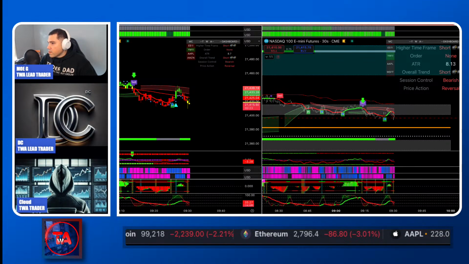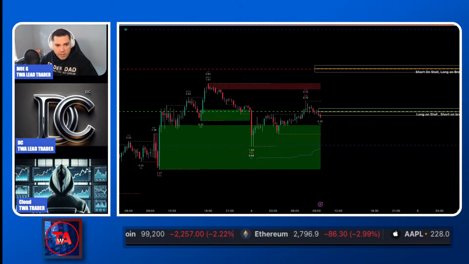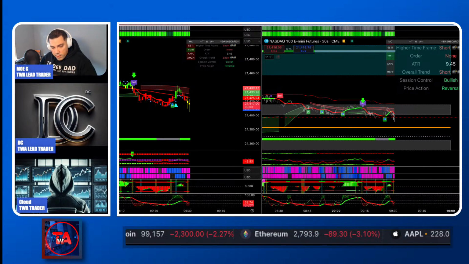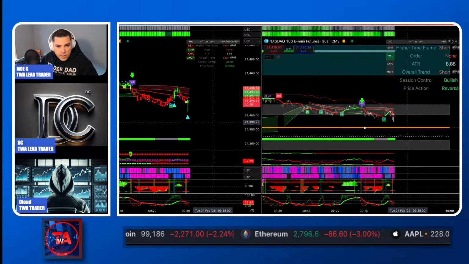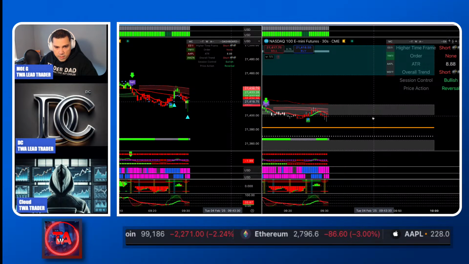Let's see where this is according to my game plan. Okay, weird. All right, so this has to show me that it has to stall, cannot make it past this area for me to even look short. Okay, nothing to do right now. Let me just zoom in on this.